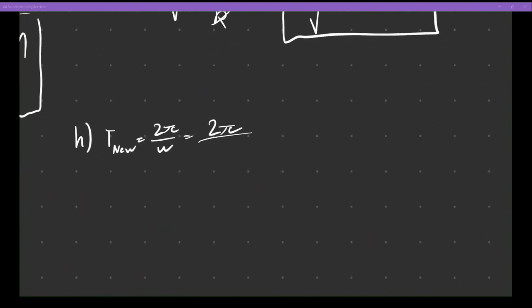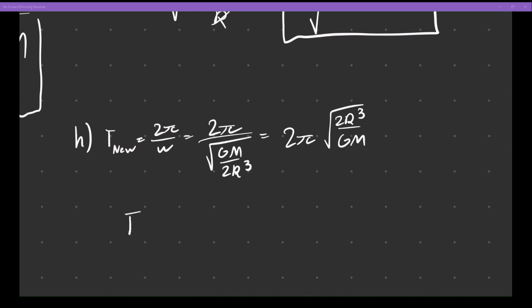But then I gotta flip that reciprocal, so I can just write this as 2 pi radical 2R cubed over GM, or say that T new equals 2 radical 2 pi times R cubed over GM.